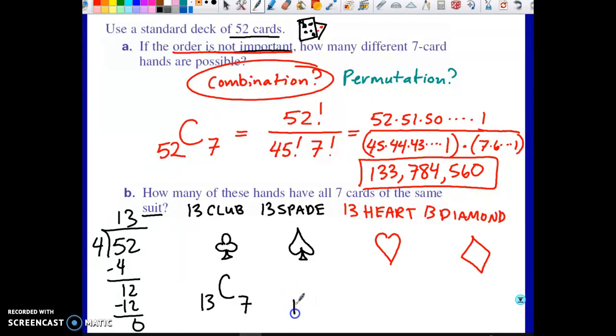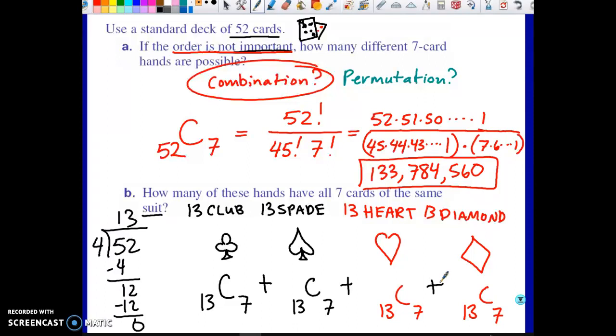Then, if I want spades, I could have 13 spades, and I want all of them to be the same as well. Or I could have 13 hearts and choose 7 of those, or 13 diamonds and choose those. Now, obviously, it should be clear to you that I can't have clubs and spades and hearts and diamonds all at the same time. So I can either do one or the other, or the other, or the other.